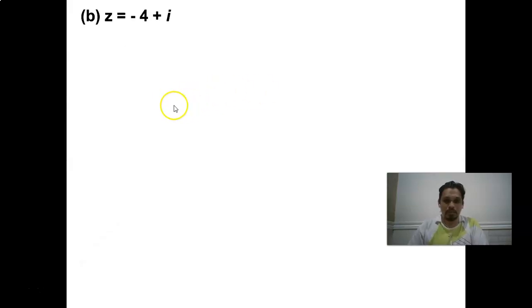Next one, okay. So the first one here is negative 4 and 1. Okay, this one here, negative 4 and 1.